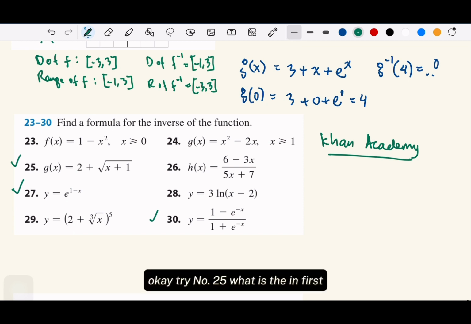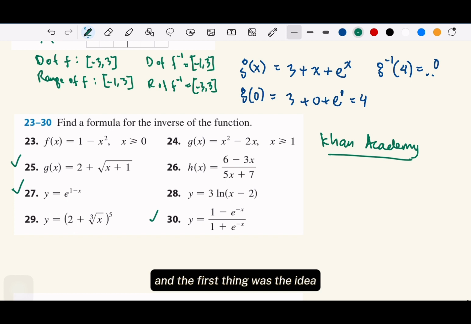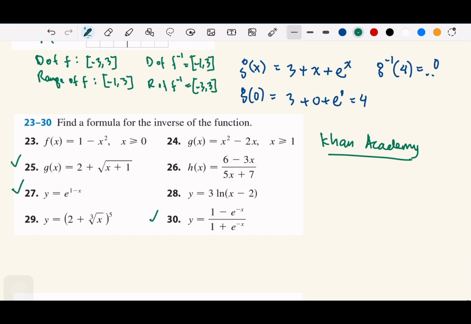Okay, try number 25. What is the inverse? Okay, the first thing, what's the idea? How to take the inverse? Anyone know? You don't know? But when you were in high school, did you get it from the teacher's lessons?